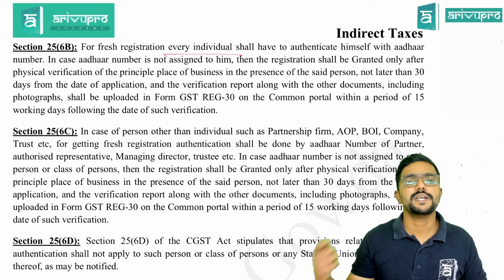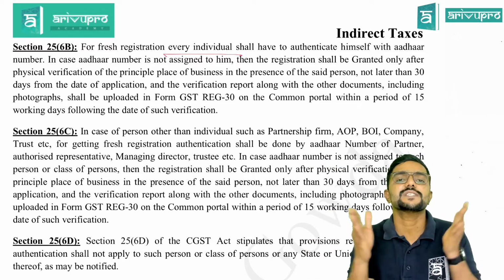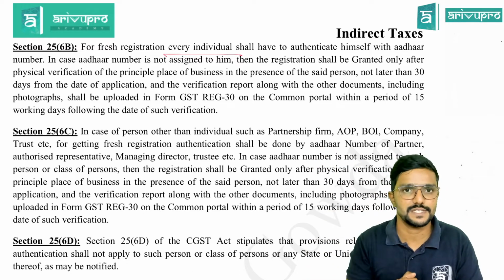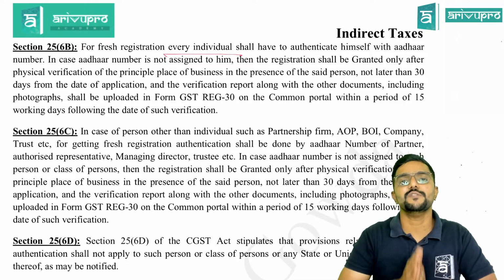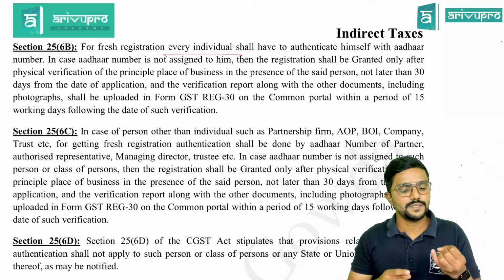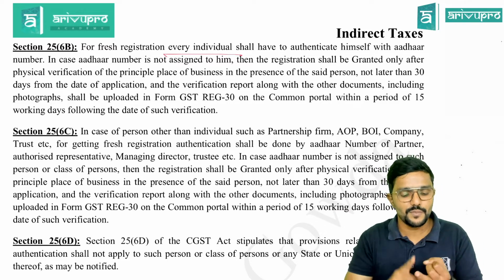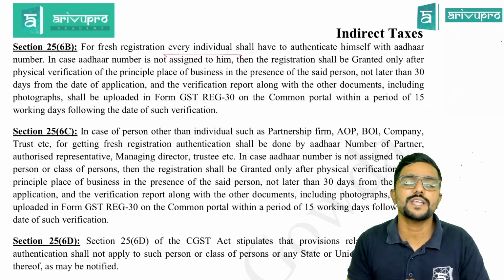He has to give the details in REG 30 on the GST portal, that is, what the results of the physical verification are. Yeah. So 6B spoke only about individuals. An individual is the one who will have Aadhaar. Now, sir, what if the company, partnership firm, HUF, AOP are applying for registration, what will they do?